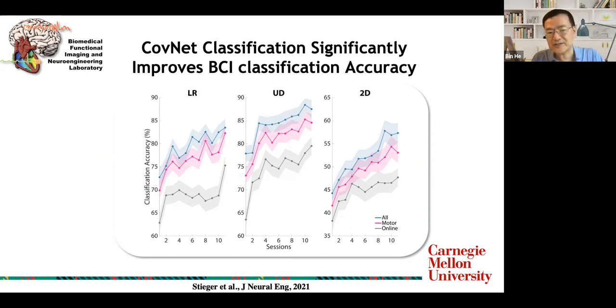There are 2 messages. First, the deep learning based algorithm outperforms online performance in this offline investigation. Second, if we use the whole scalp coverage, the performance is even better than if we only use electrodes covering the motor cortex.